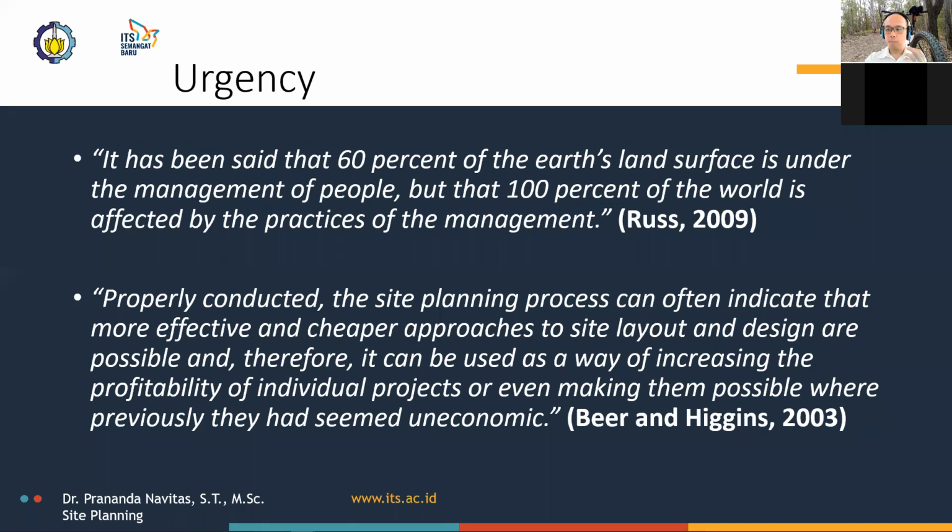A properly conducted site planning, as Beer and Higgins put it, can often indicate that more effective and cheaper approaches to site layout and design are possible, and therefore it can be used as a way of increasing the profitability of individual projects or even making them possible where previously they had seemed uneconomic.